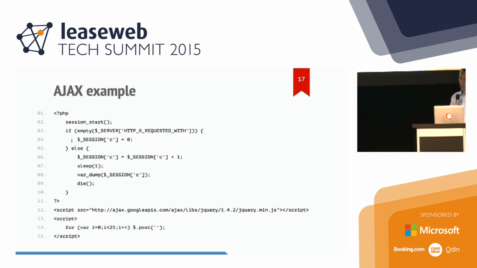If it's not the first request, and this is an XHR request, then it will increment the session variable with 1, sleep for 1 second to make the effect more dramatic, and then die. If this is the first request, then the script will be executed, because it didn't die, and it will do 25 requests to the same page, using jQuery for brevity.